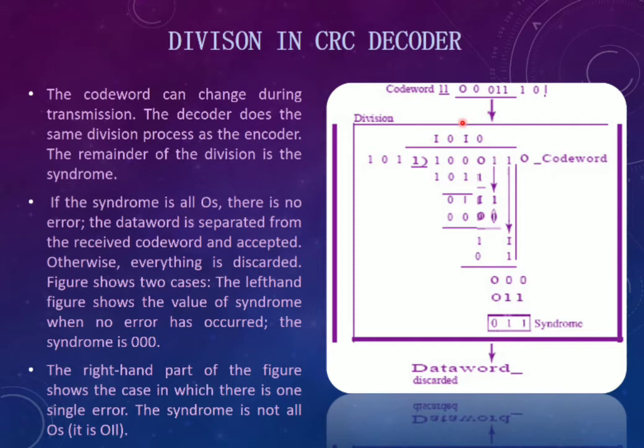The figure shows two cases. The left figure shows the value of the syndrome when no errors have occurred: the syndrome is 000. The right part of the figure shows the case in which there is one single error, and the syndrome is not all zeros.